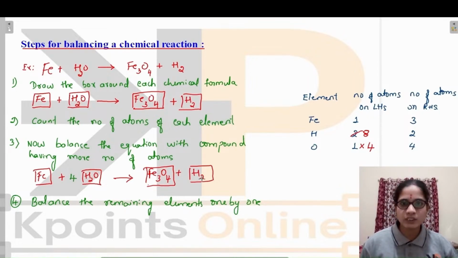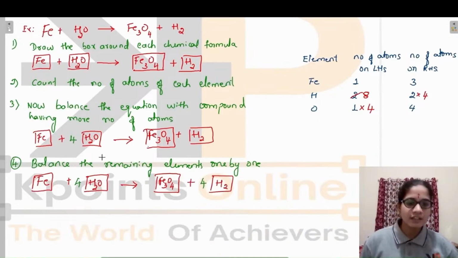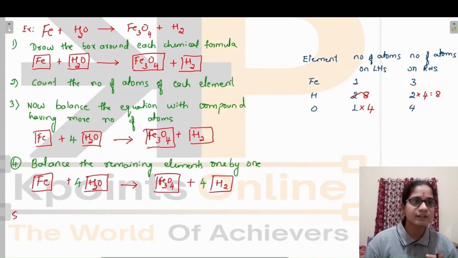Here there are 2 hydrogen atoms, so simply by writing the coefficient 4 here, 4 into 2 will be 8. See here, the number of hydrogen atoms is balanced, equal to 8, and the number of oxygen atoms is also balanced. Then what is the remaining element which needs to be balanced? Iron atom. Yes.